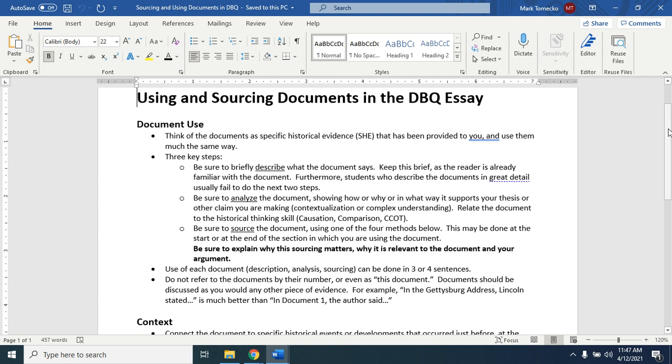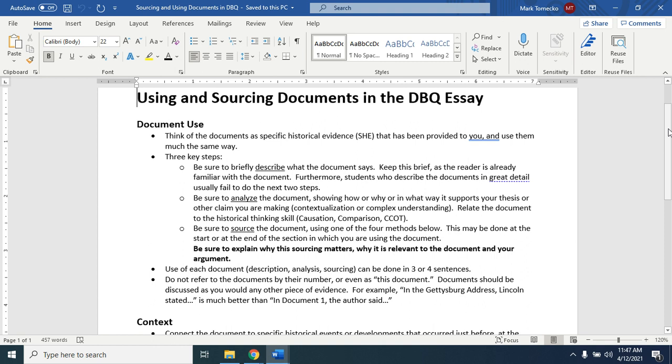You're probably just addressing the prompt as it is. But in your complex understanding, you almost certainly could be using some of the documents. Maybe that document or two that seems to go against your main idea, so you're pointing out how it's nonetheless relevant.